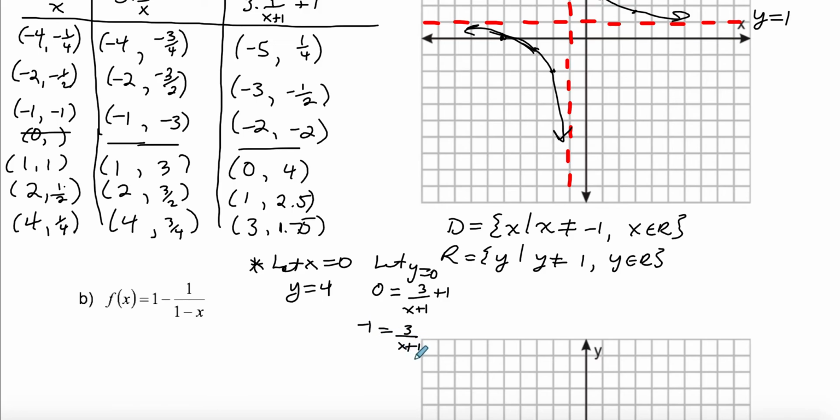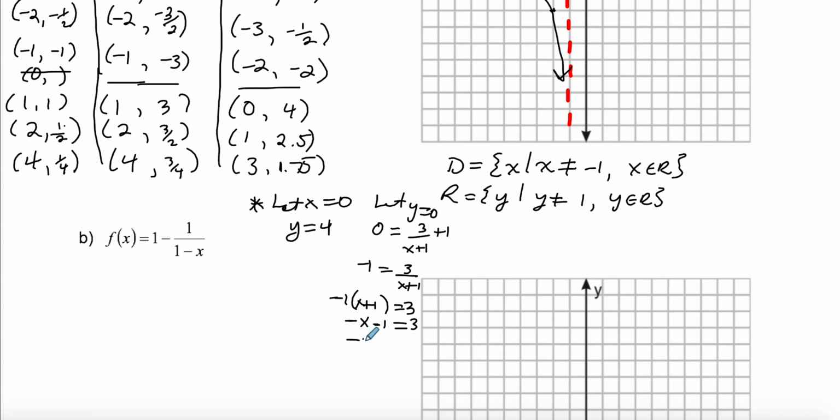I'm going to cross multiply, so that would give me -1 times x plus 1 equals 3, -x minus 1 equals 3. So -x, I'm going to move the -1 to the other side, that's 4. Divide by -1, so x equals -4.